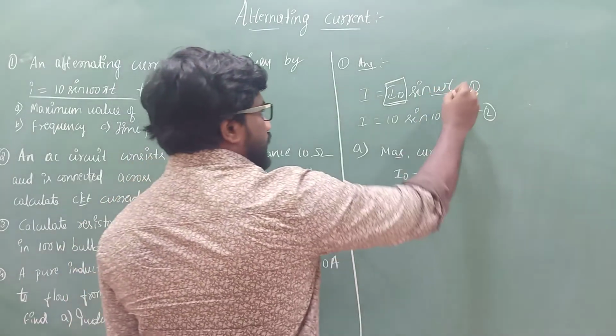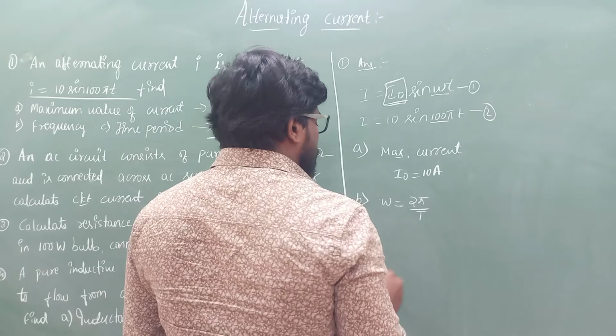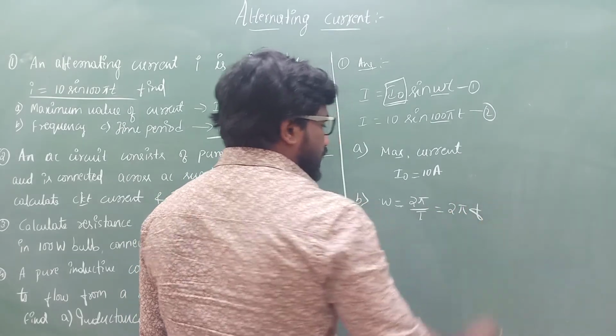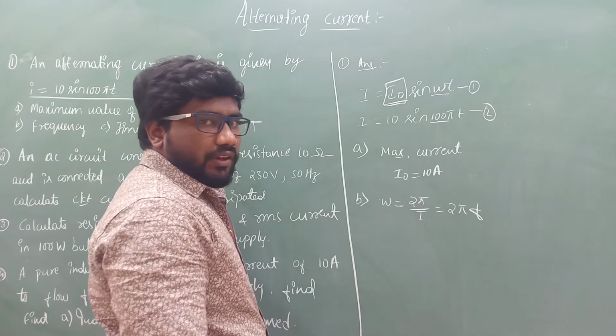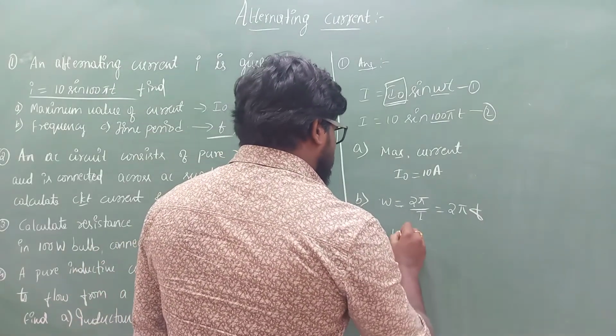Because here we know the value of omega. That is also written as 2 pi into 1 by T, and 1 by T is nothing but f. So f we need to find.